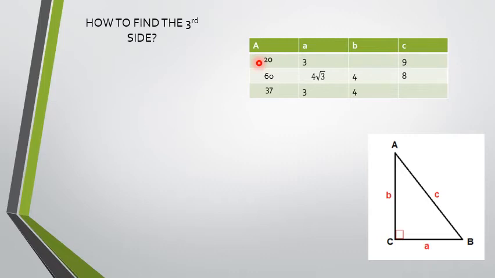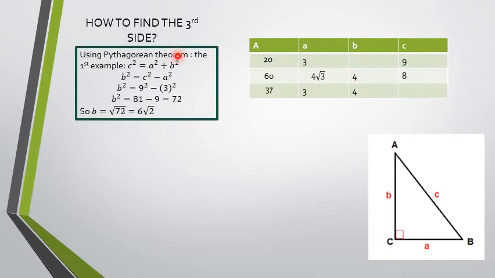So we cannot use the sine, tangent or cosine to find the length of b, because we will not get an accurate answer. It's better to use the Pythagorean theorem. c squared equals a squared plus b squared, so b squared is equal to c squared minus a squared, and the answer will be 72. So b is equal to radical 72, which is 6 radical 2.